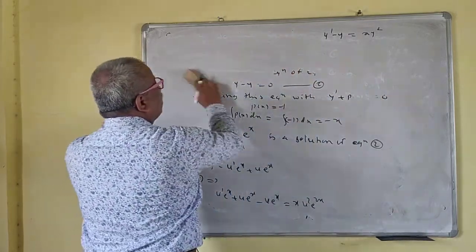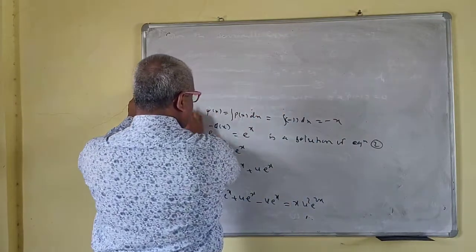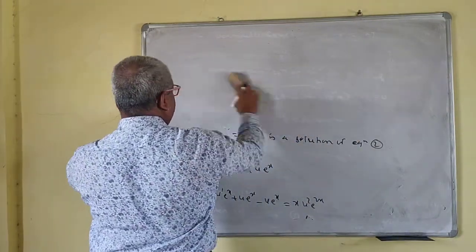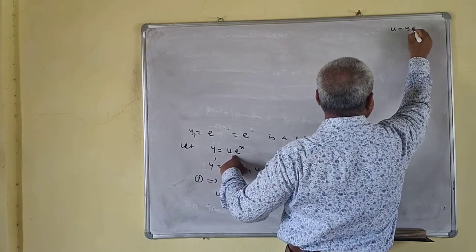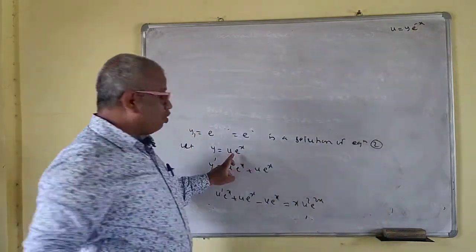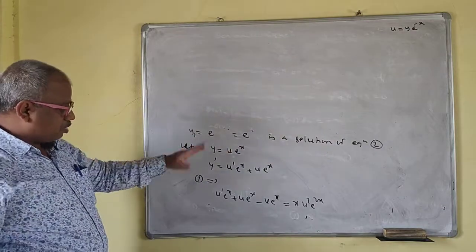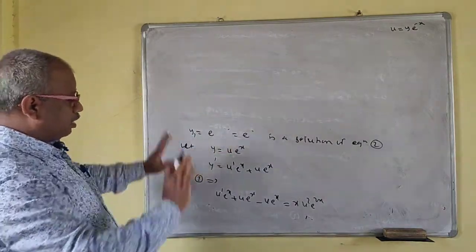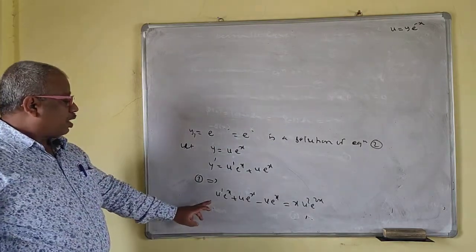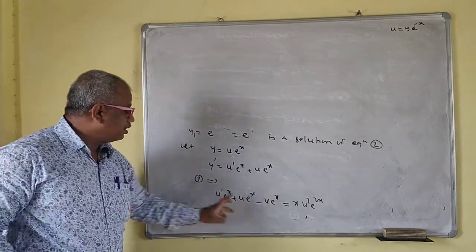Now we have to solve this equation. So now your value of u is what? Y e raised to minus x. I am writing it here because if I erase this, no problem then. So that we will discuss later on. Now here this gets cancelled. This is what?